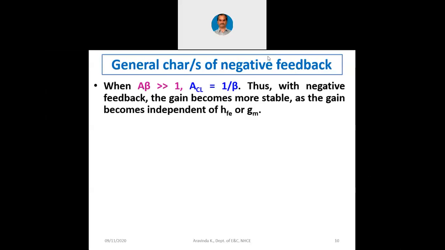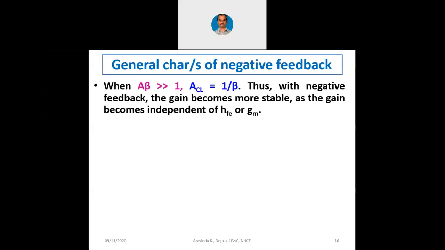Okay. So when ACL becomes 1 over beta, you can see that the term A itself is not there in this particular expression now. That means the closed loop gain becomes independent of open loop gain. Now that open loop gain was dependent on the HFE of the transistor in case of BJT or a GM of the transistor in case of FET.